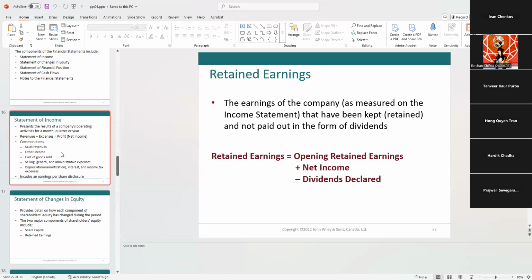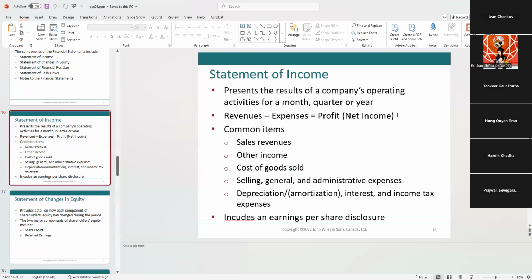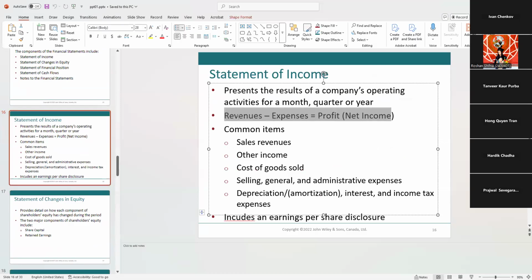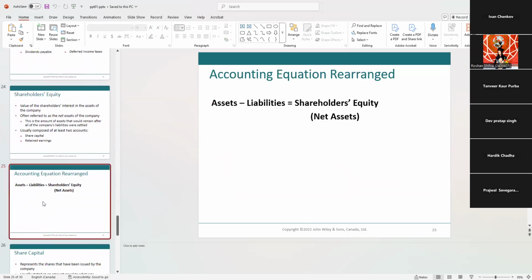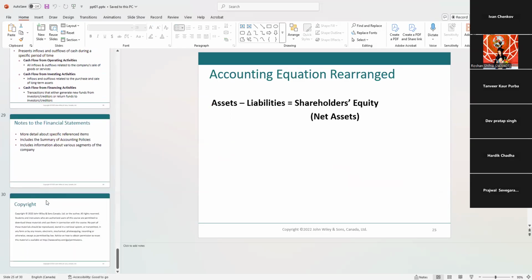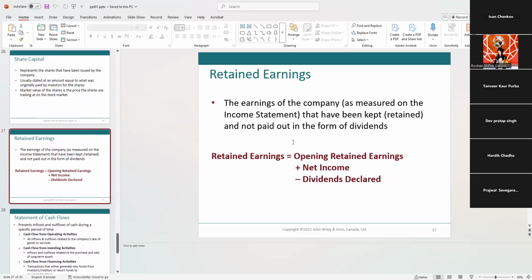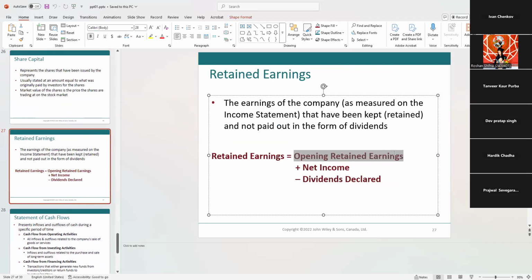What's important for me is for you to understand how we get the income. Income is simply revenue minus expenses. And how do we get the retained earnings? Retained earnings is the beginning retained earnings in the period.